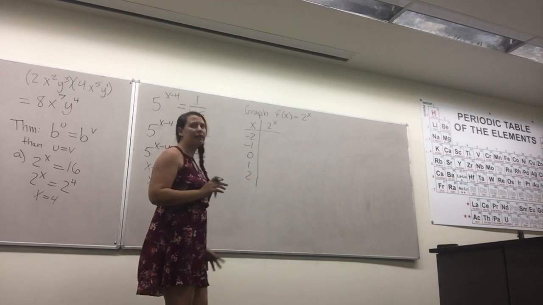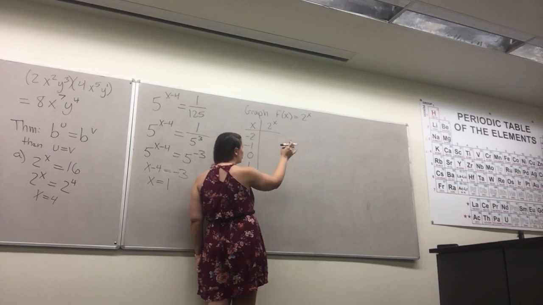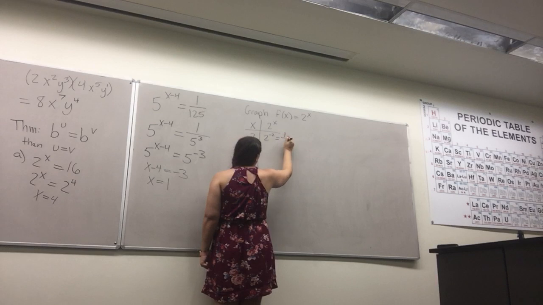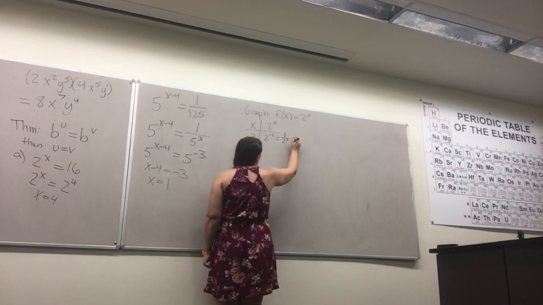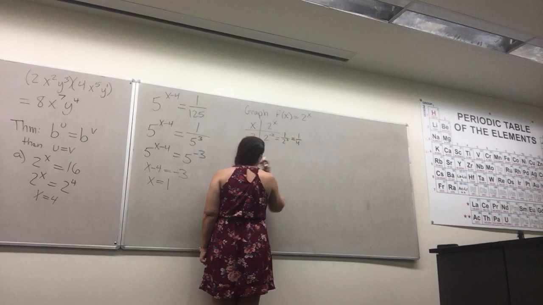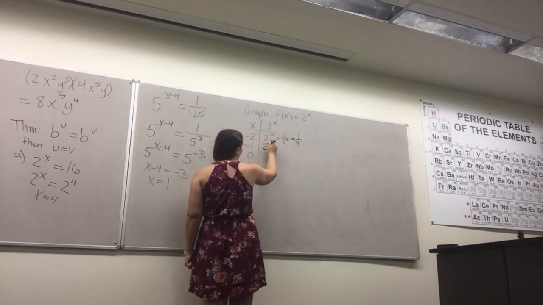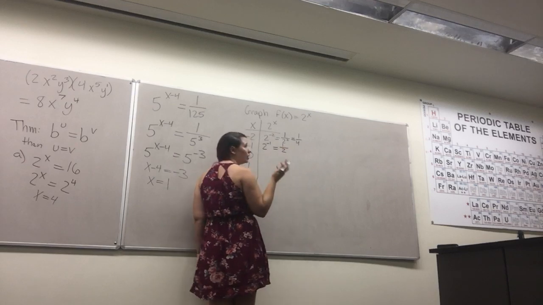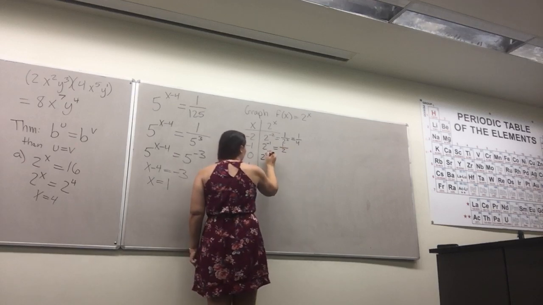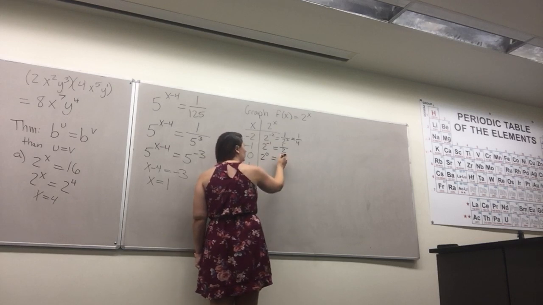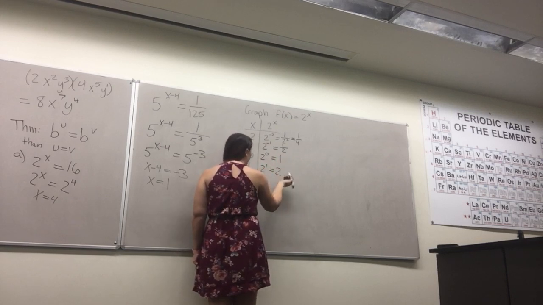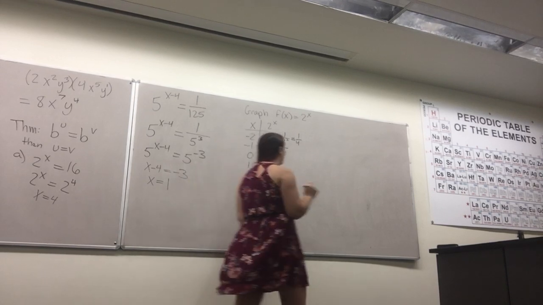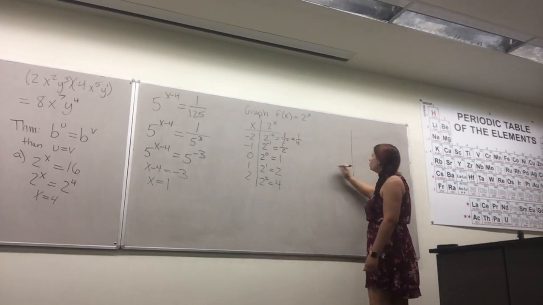So if we plug -2 in, let's just kind of enumerate it out. We have 2 to the -2, which is 1 over 2 squared, which is 1/4. And then we have 2 to the -1, which is 1 over 2, and we're done, right? 2 to the 0 is 1, and then 2 to the 1 is 2. 2 squared is 4.